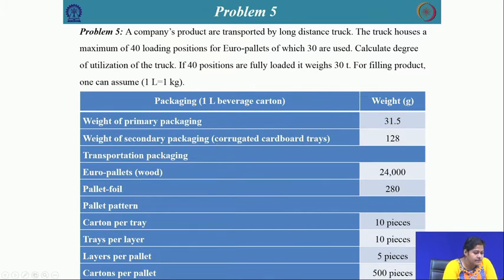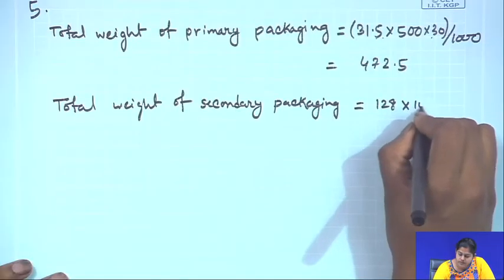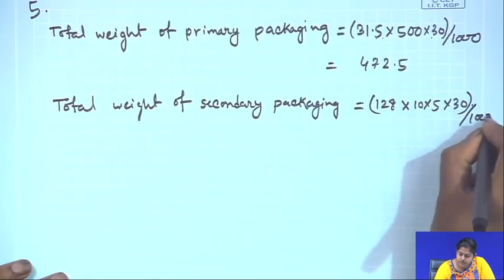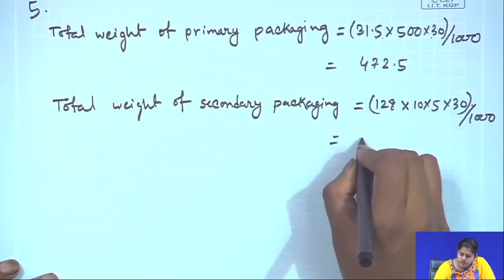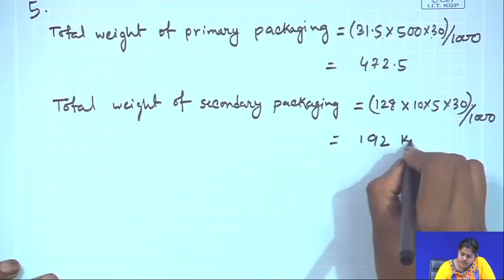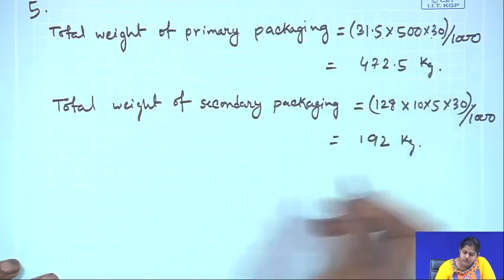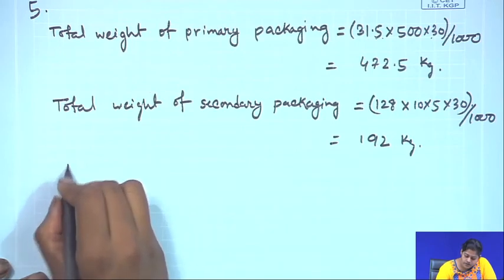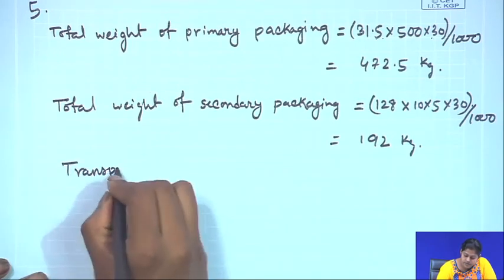Trays per layer is 10 pieces and layers per pallet is 5 pieces. So, the number of trays will be 10 into 5 into 30 Euro pallets. So, 128 gram into 10 into 5 into 30 divided by 1000. So, this is 192 kg, this will be your total weight of secondary packaging. Now, we will calculate the weight of transportation packaging.